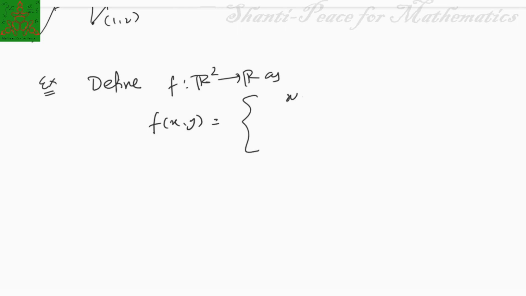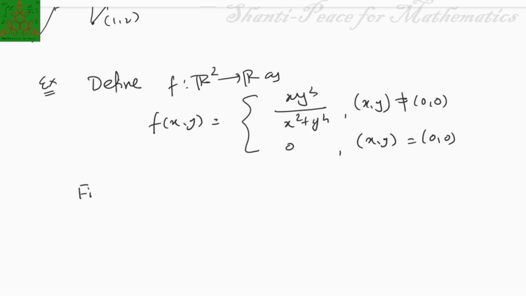Let's have another example. Define f from R square to R as f of xy is equal to x y square upon x square plus y raised to 4 if (x, y) is non-zero, and 0 if (x, y) is (0, 0).